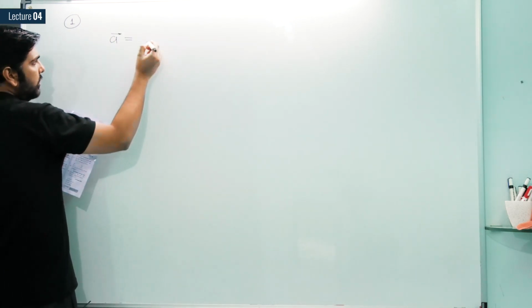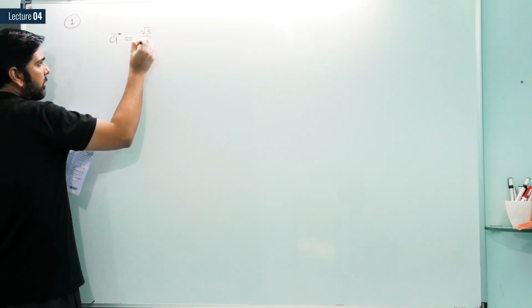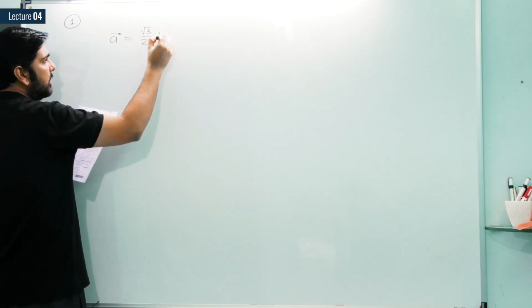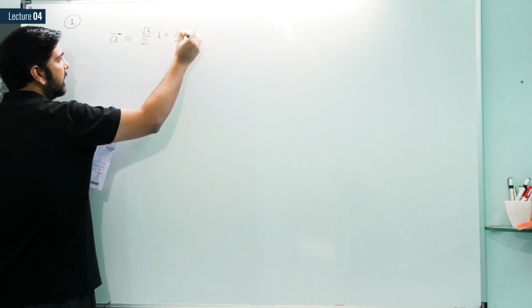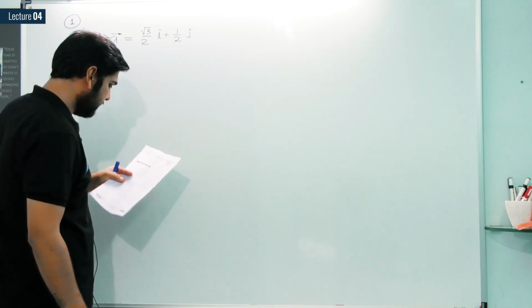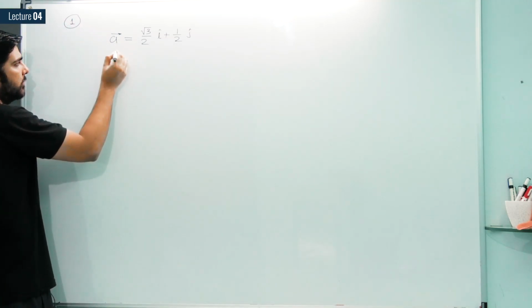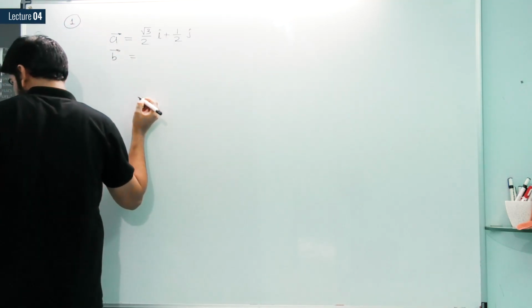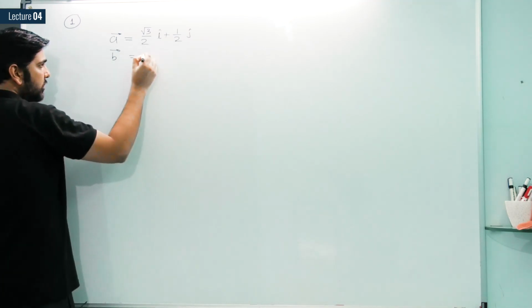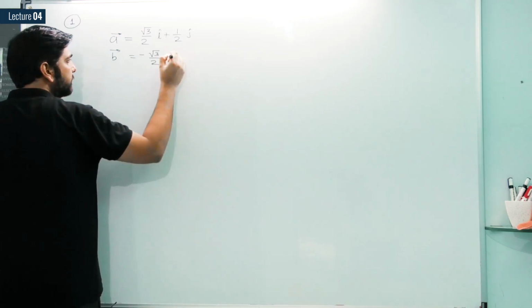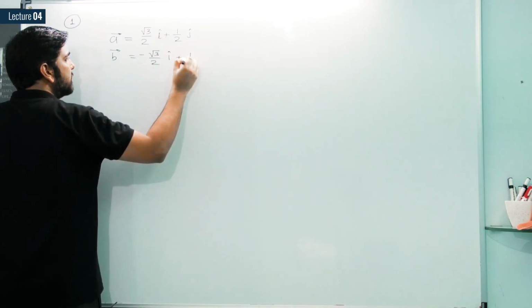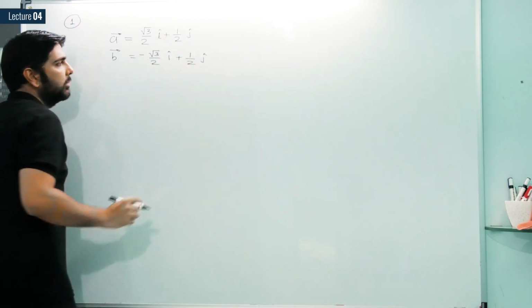The first vector is root 3 by 2 i cap plus half j cap. The second vector, vector B, is minus root 3 by 2 i cap plus 1 by 2 j cap.